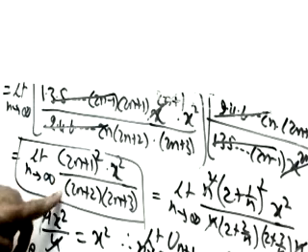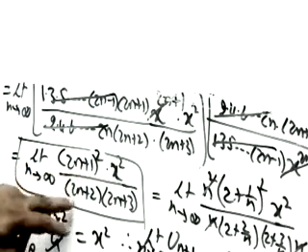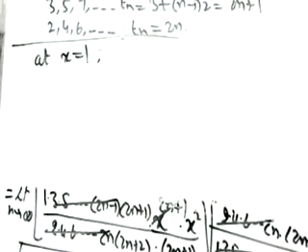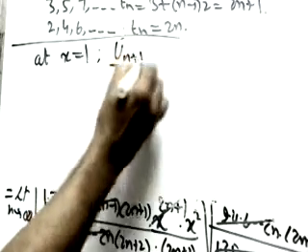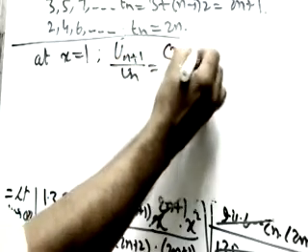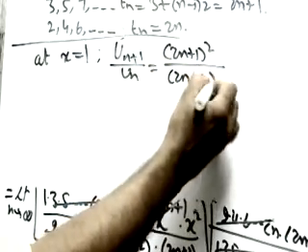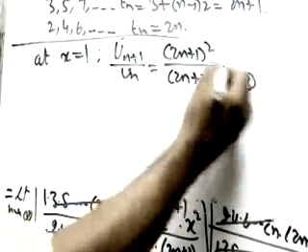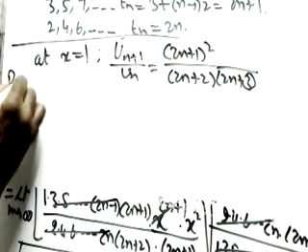This is actually un plus 1 by un. You keep x equals to 1, so we are left with 2n plus 1 whole square by 2n plus 2 into 2n plus 3. At x equals to 1, this is the value of un plus 1 by un.